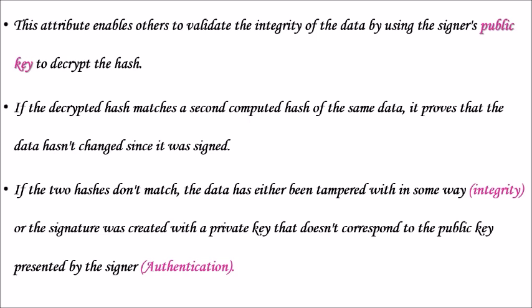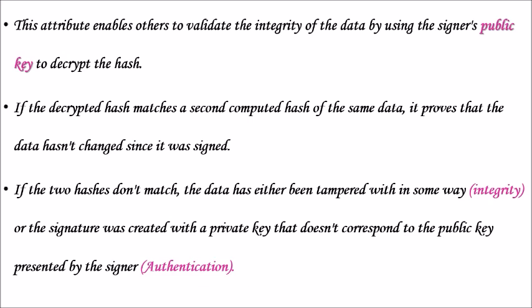Simply, the receiver can be sure of the sender's identity and that the message arrived intact. Digital signatures make it difficult for the signer to deny having signed something, which is non-repudiation, assuming the private key has not been compromised. A digital signature is unique to both the document and the signer, and it binds them together.